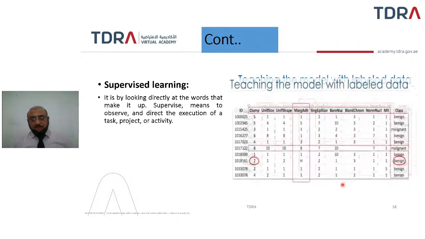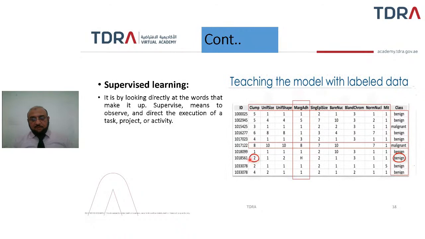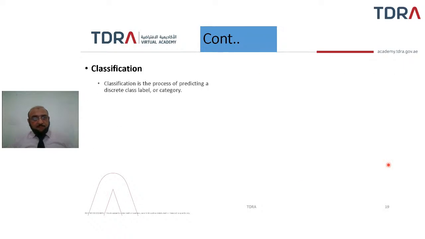So, for example, here we have this value of clump is 2, but based on these parameters, the system can predict whether the cell is benign or malignant. Then we have a classification technique, or we can say algorithm.